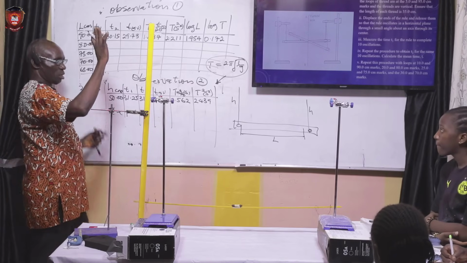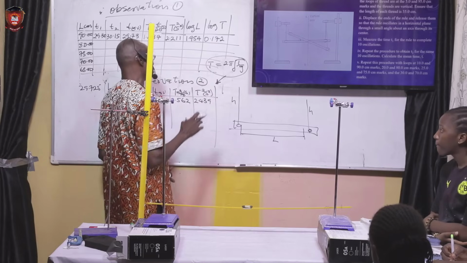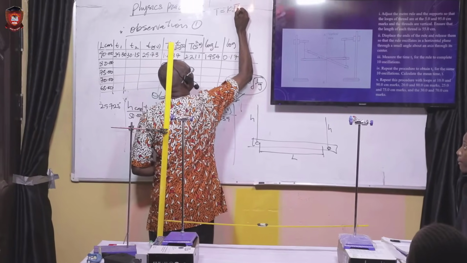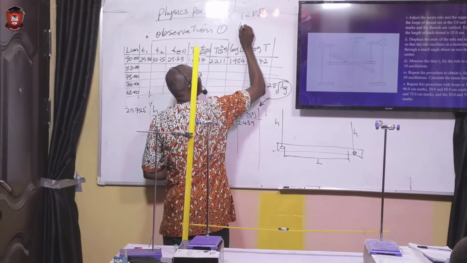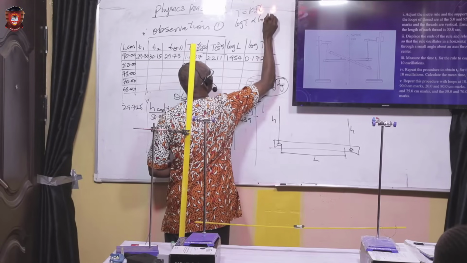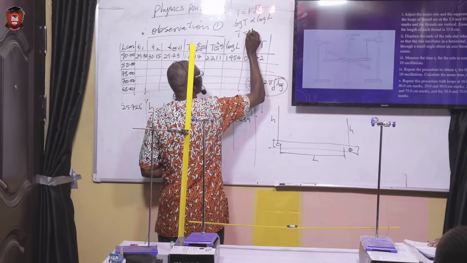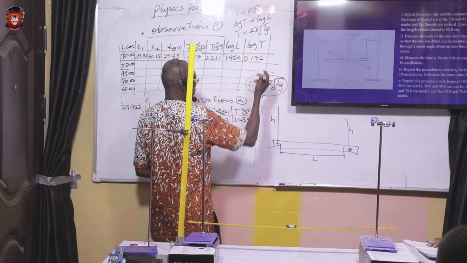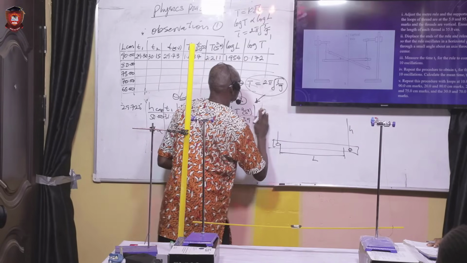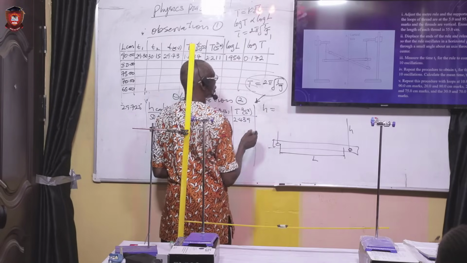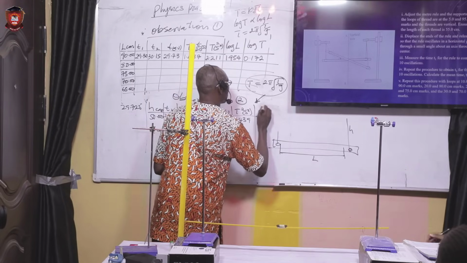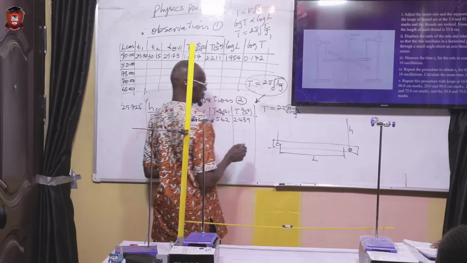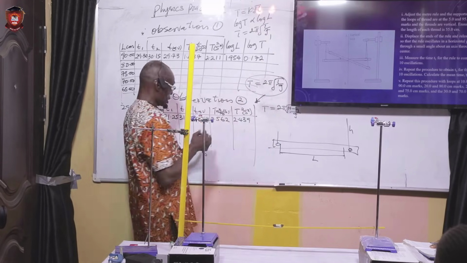Because there are 4 equations that give us the same. 1, if T is equivalent to K root L, is the same as log T against log L, is the same as T equals 2 pi root L over G, and for the height is the same as H, small h, is the same as T equals 2 pi root big H minus small h over G. So these are the 4 principles that give us oscillation.